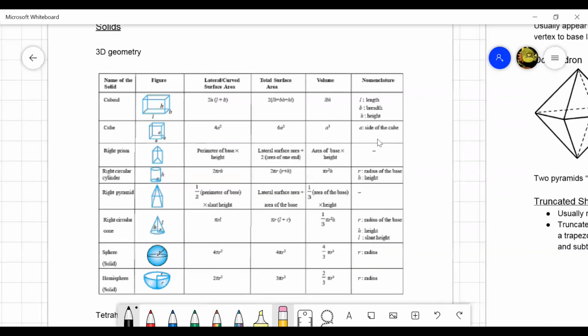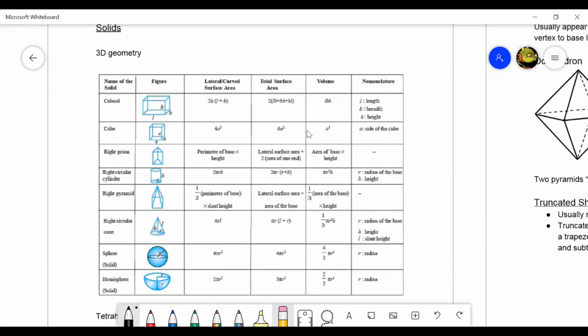But I should mention each of these top parts where we have the categories like name of the solid, figure, etc. The lateral surface area is the area of all the faces of that solid, not including its base. You're really only going to see this for shapes such as pyramids, cones, and cylinders, not too much with prisms because they're very symmetric for the most part.